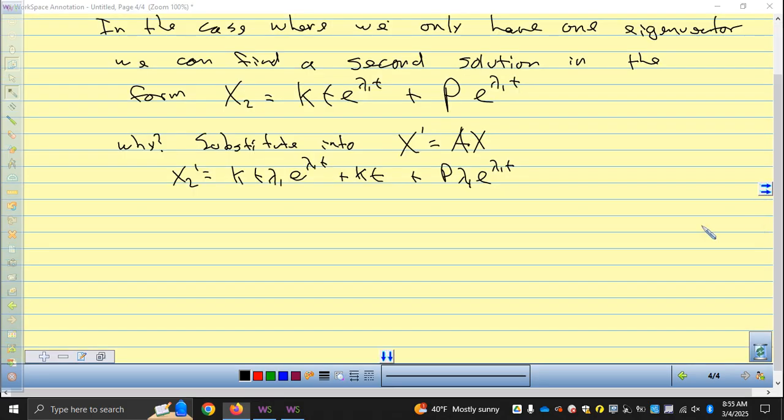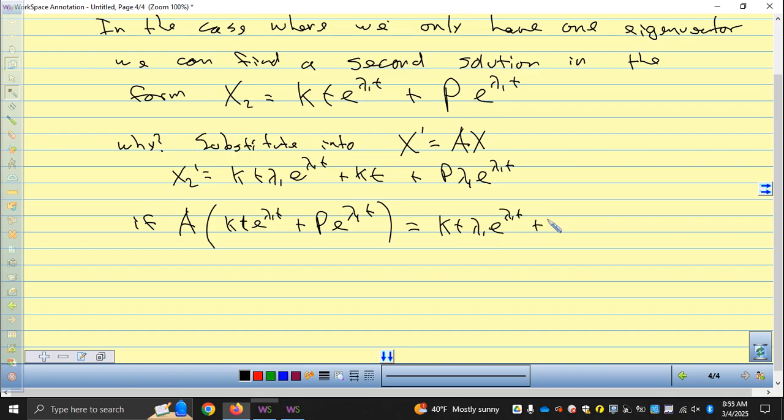And if this is a solution, then A times our solution, A(k t e to the lambda 1t plus p e to the lambda 1t), is going to equal this thing that we found, k t lambda 1 e to the lambda 1t plus k plus p lambda 1 e to the lambda 1t.